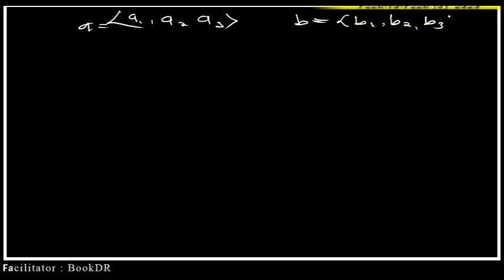We already know that if a line passes through the point A with coordinates a1, a2, a3, and is parallel to the vector b, also with coordinates b1, b2, b3, the vector equation is given by r is equal to a plus lambda b.